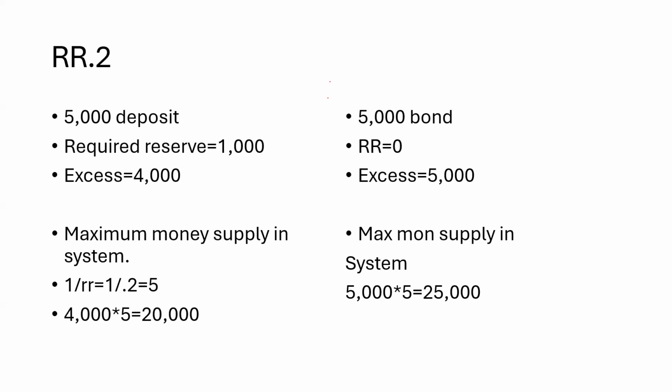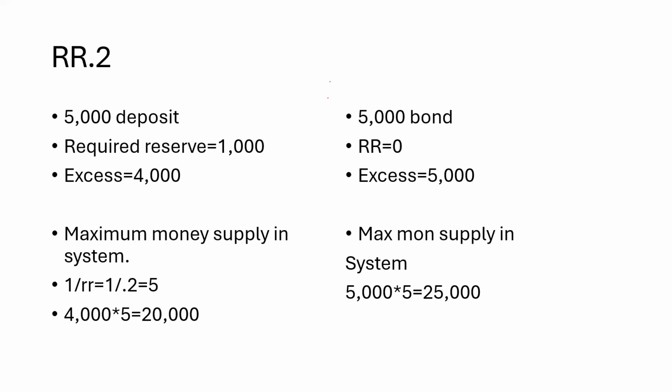That is the maximum that bank could loan out. But if they ask for the maximum in the entire system, then I know I'm going to have to use the money multiplier. That is 1 over the reserve requirement, or 1 over 0.2, which is 5. So 4,000 times 5 equals 20,000.